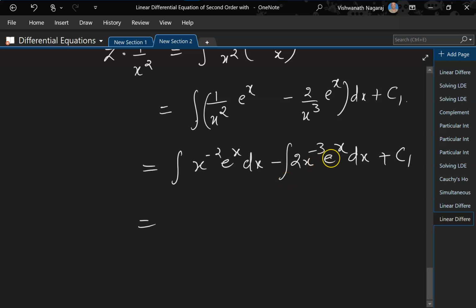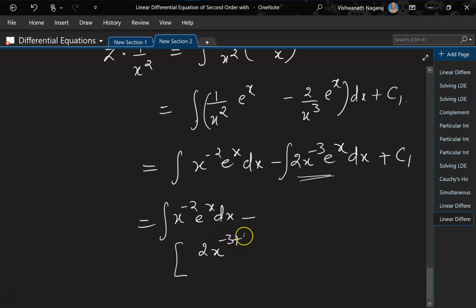Okay. Now if you look here, let's solve this first. Let this be as it is, and this we will do using integration by parts. Minus is outside. This is going to be 2 times the differential of this.